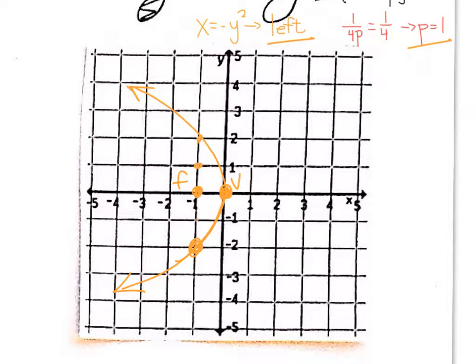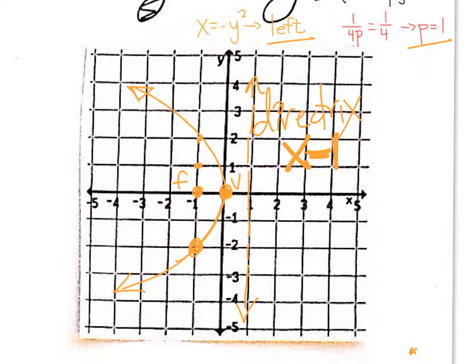So we have a couple points, and then the directrix would be, so here's our vertex, here's our focal point. In the opposite direction we would have our directrix, and it would look like this. The equation of that line is x equals 1.